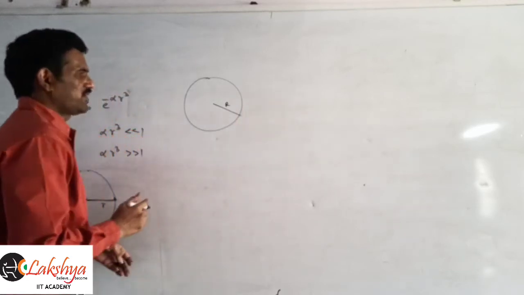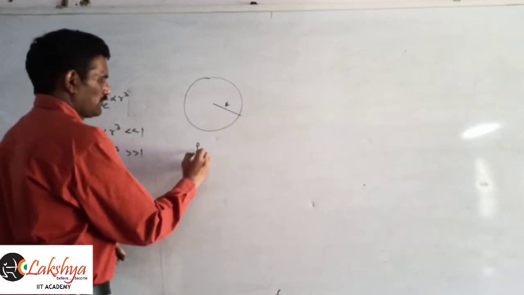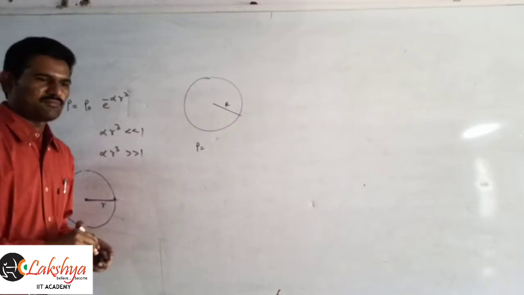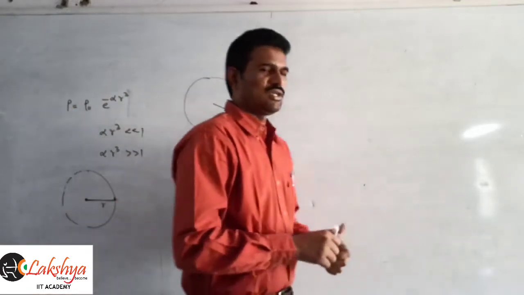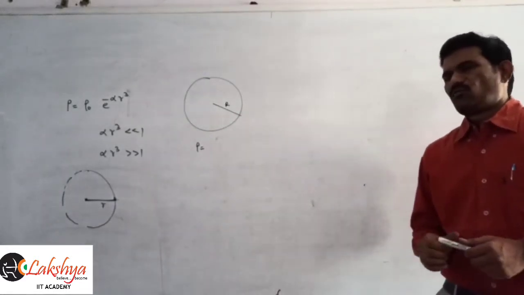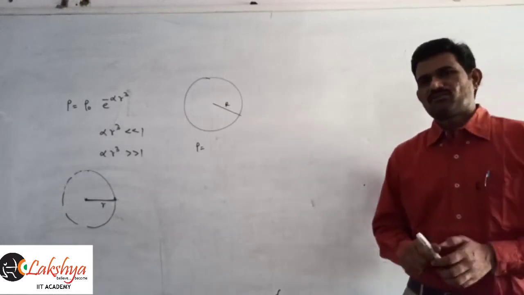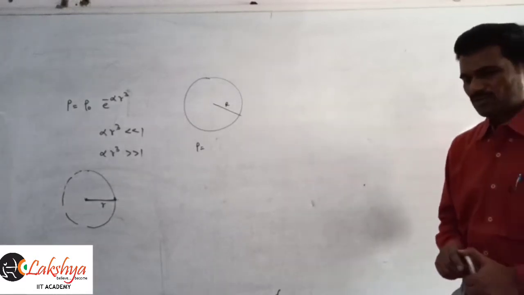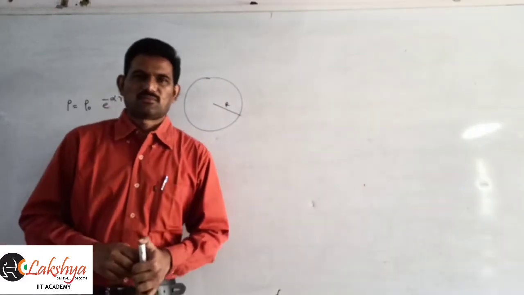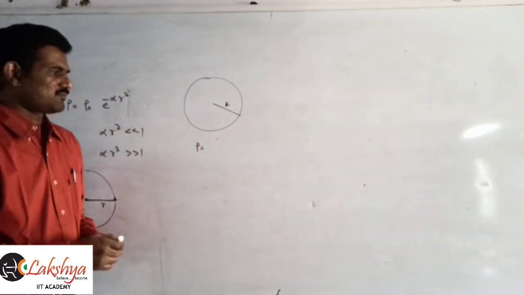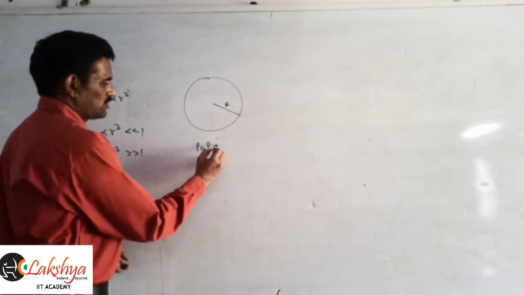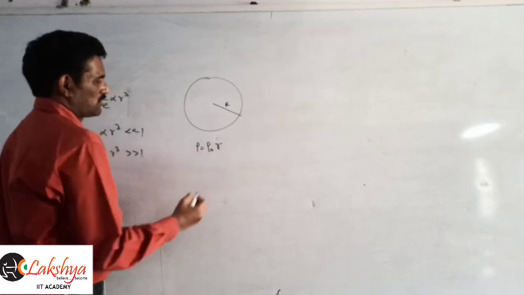Next problem. This is a sphere of radius R. The charge density in a sphere of radius R varies with the distance r from the center of the sphere, as rho is equal to rho naught into r.